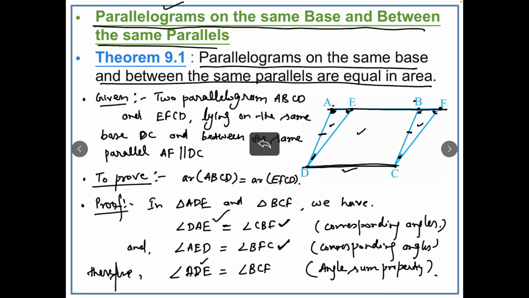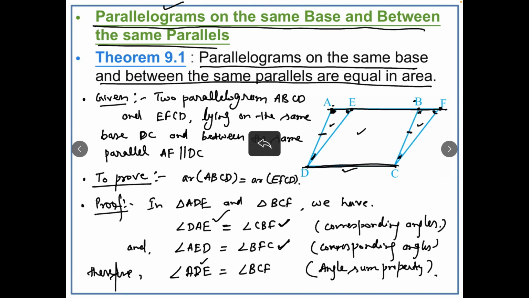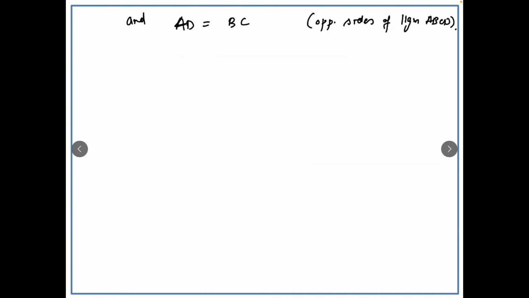So we'll write, this side AD will be equal to BC. Side AD will be equal to side BC, because they are the opposite sides of parallelogram ABCD. Now applying the angle side angle congruence rule, these two triangles will be congruent.